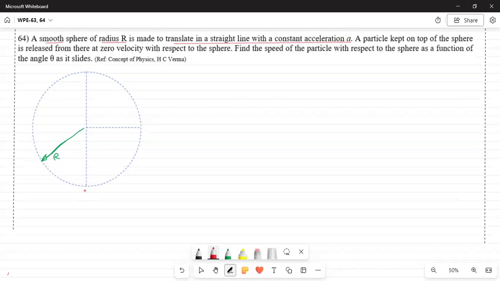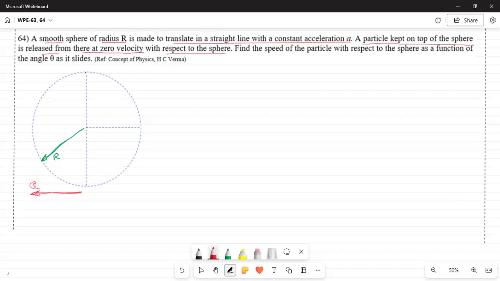That means this sphere is, let's say, made to translate in the left direction with the acceleration a. A particle kept on top of the sphere is released from there at zero velocity with respect to the sphere.